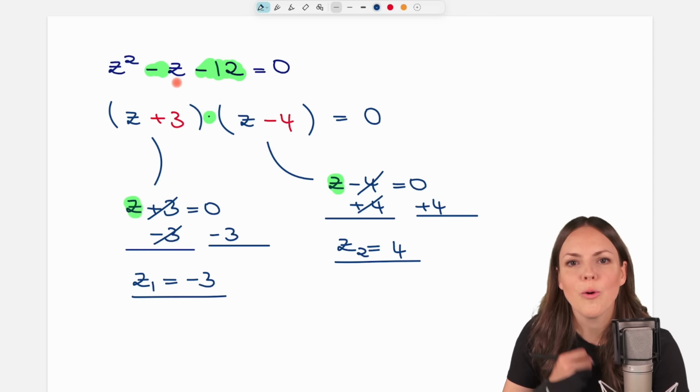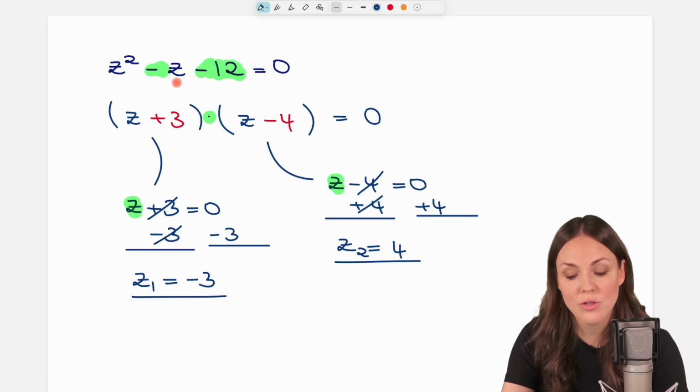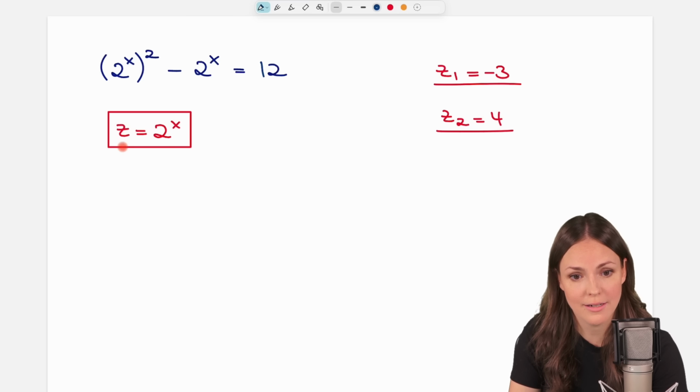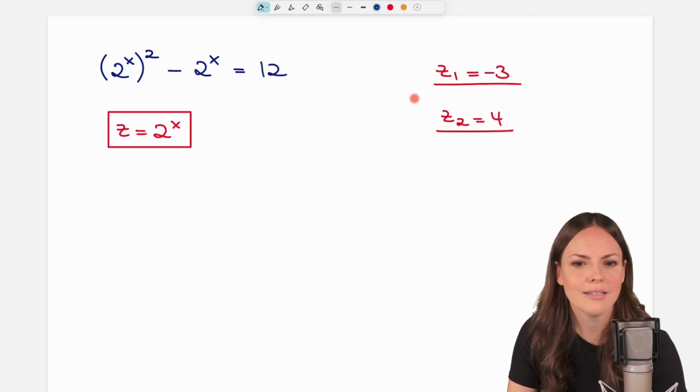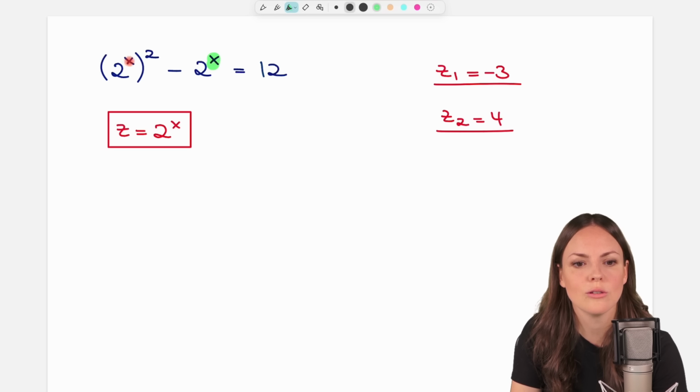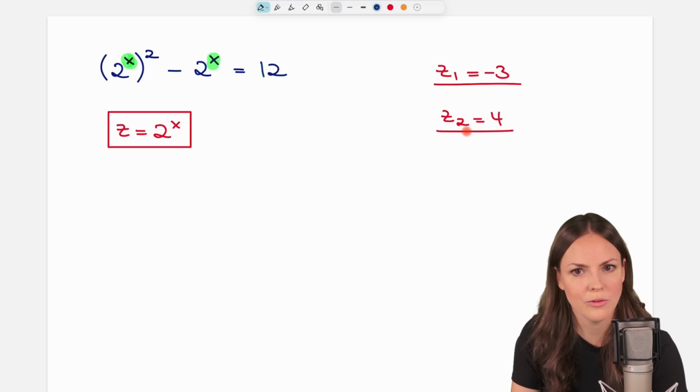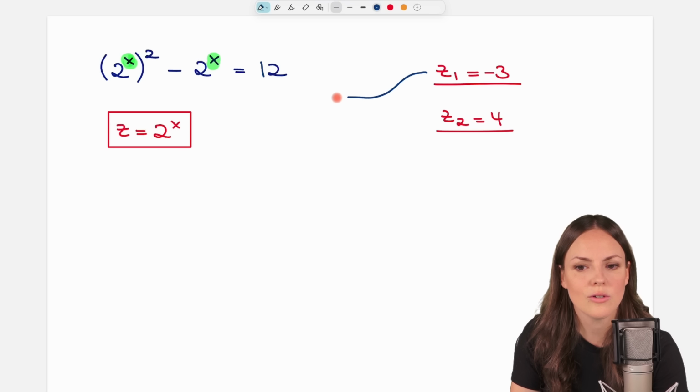But now we have to go back to our substitution here because we just found the z solutions, but actually we are interested in our x solutions for our original equation. So now we have to take these solutions that we just found and insert them here in our substitution.